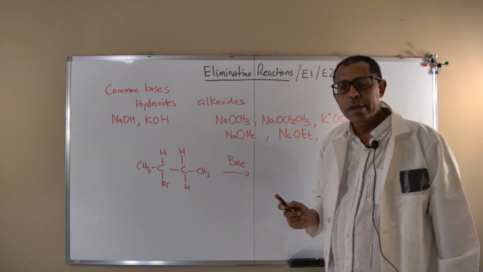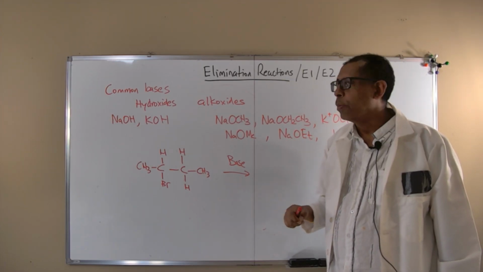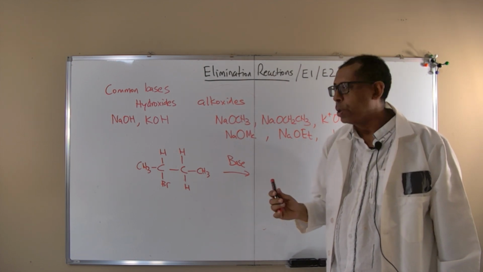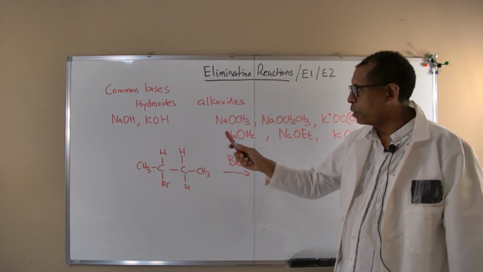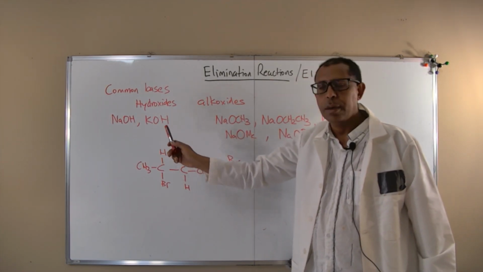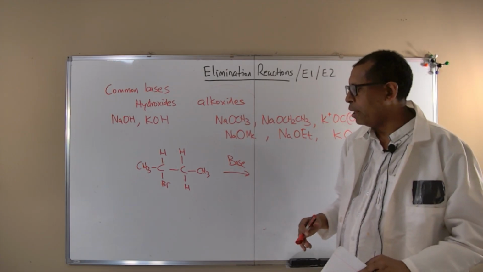Looking more in detail at the bases, the common bases for elimination reactions could be hydroxide type, such as sodium hydroxide, potassium hydroxide. These are the OH minus containing bases.